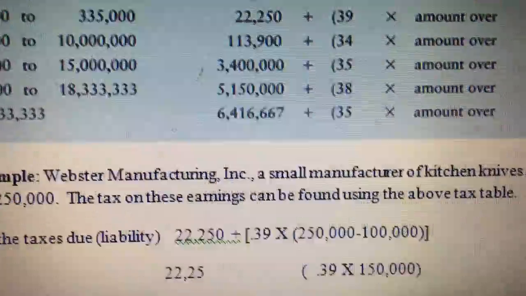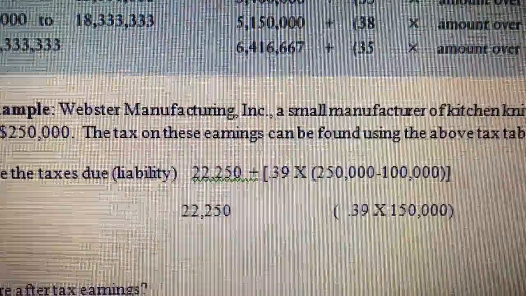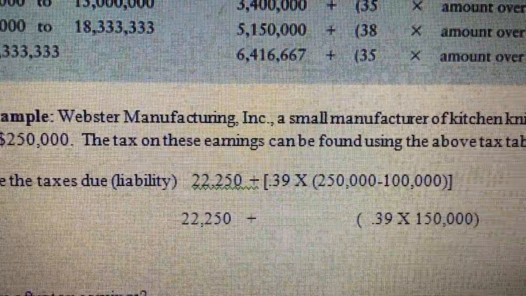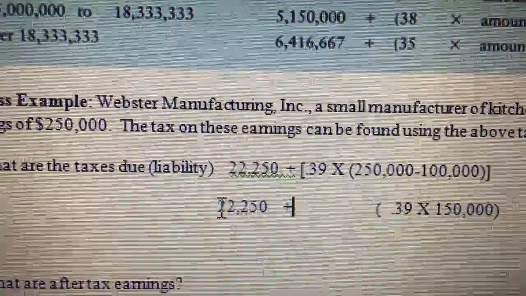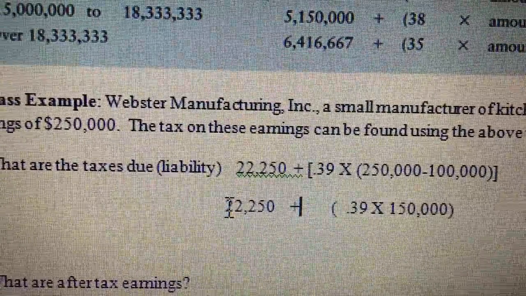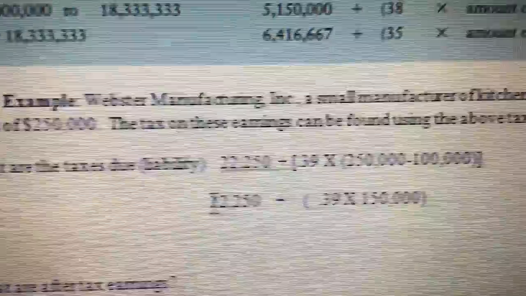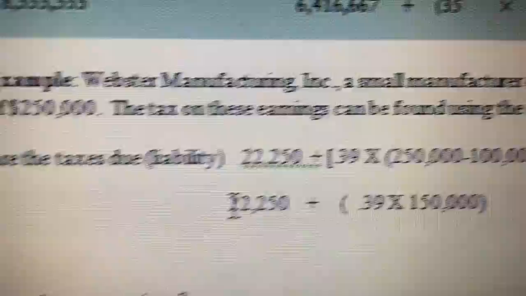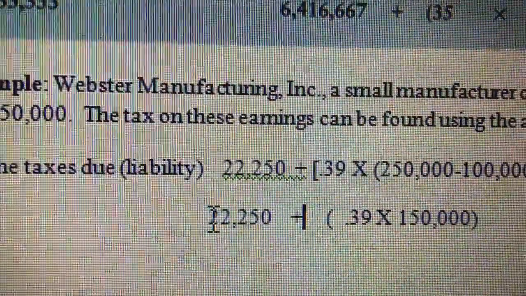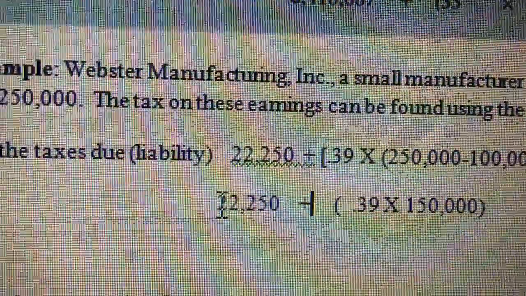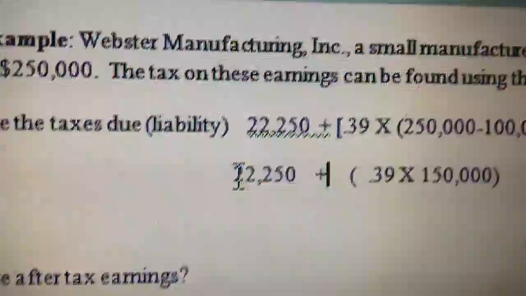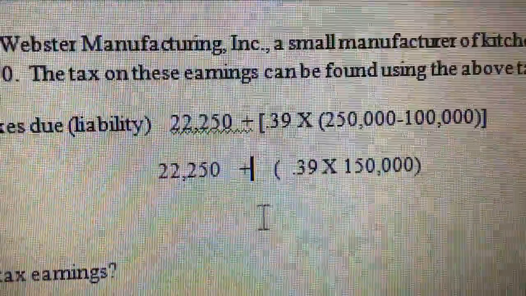Trying to hold this camera and type too, so it's not always easy. So here's your equation. Now get your calculator and multiply 0.39 times 150,000 and you come up with $58,500.